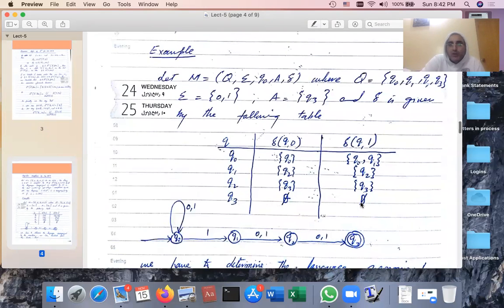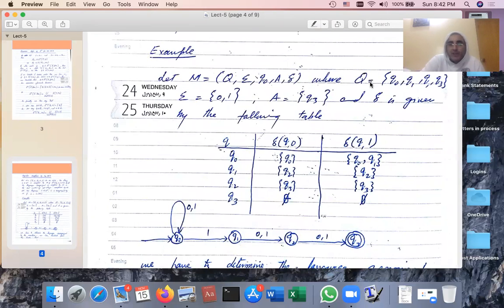So now we can read the things here. My Q is Q0, Q1, Q2, Q3. Sigma is only 0, 1. The acceptance state is only Q3, and delta is given by the following table. This is my transition table, and all my deltas are mentioned here.